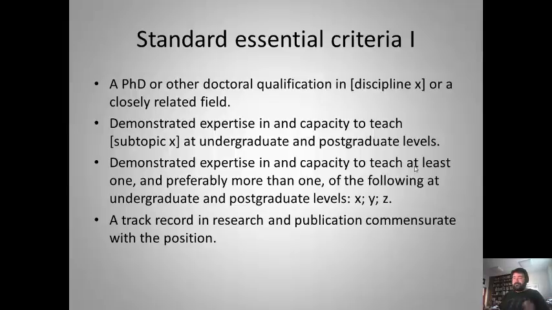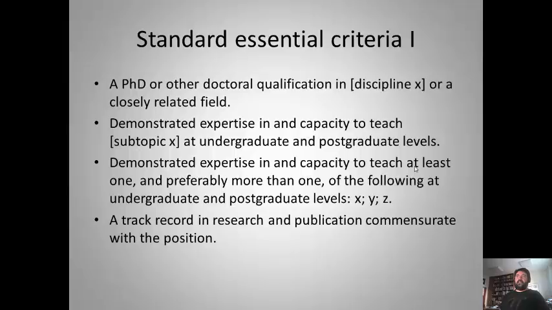So it doesn't necessarily put you out of the running if you're still a PhD candidate, but you are nearing completion and your referees can empirically, scientifically say, yes, you're about to submit, and of course you're going to do very well.